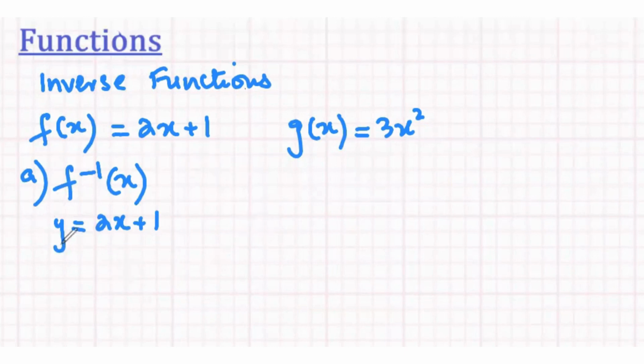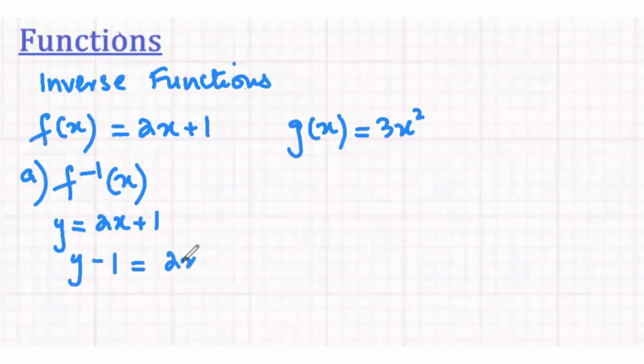Next step to find the inverse is that we see what the subject is right now. Right now, the subject of the equation is y, but we need to make x the subject. So in order to make x the subject, I'm going to first move 1 to the other side. So that's going to give us y minus 1 equals 2x. The reason why it's y minus 1 is because when we move one term from one side to the other side, its sign changes, or like the function it's performing changes.